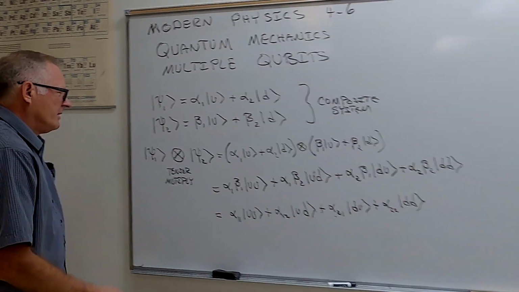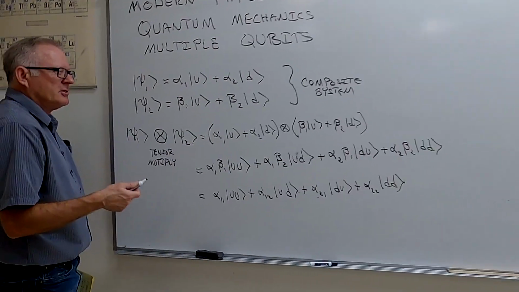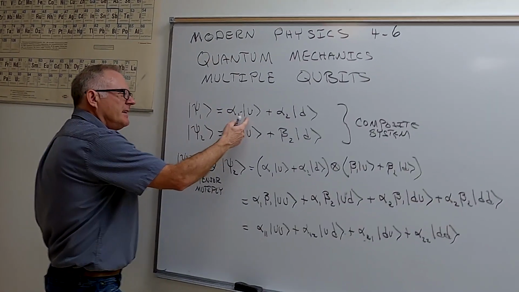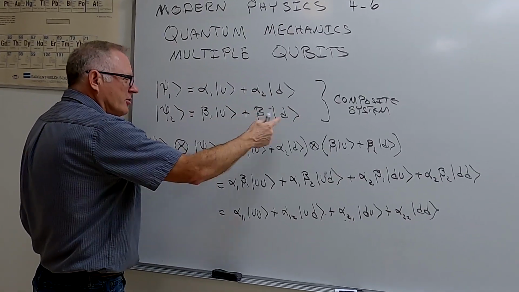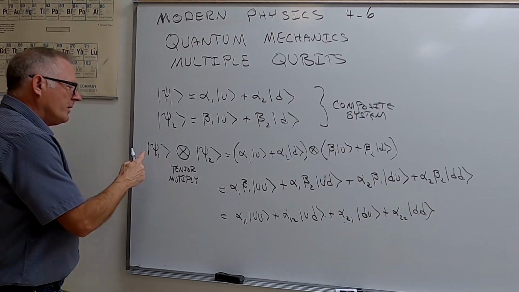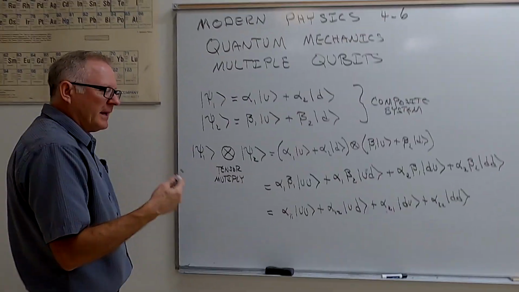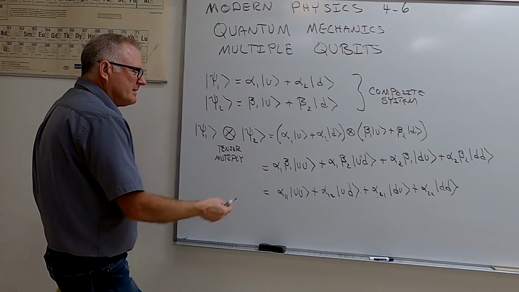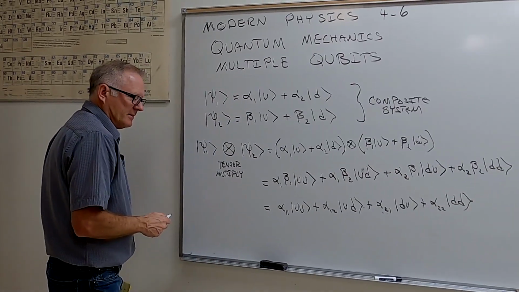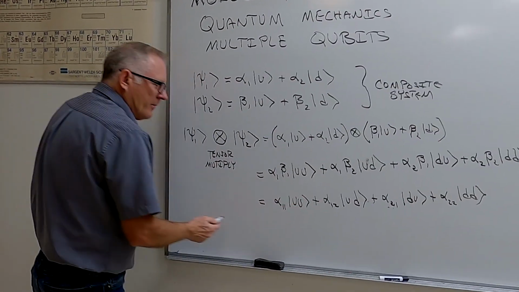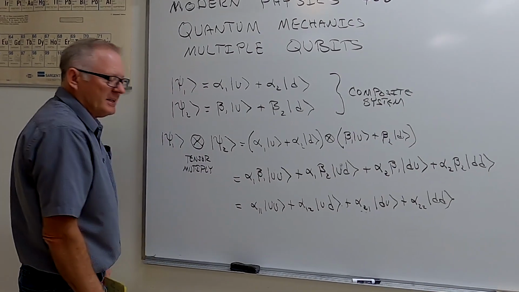Now also, the dimension of the space: these were each just 2 dimensions, but when you do a tensor multiply, you multiply their spaces. Now it's a bigger space. This is a 4-dimensional space right here. This thing now has 4 items in its column.